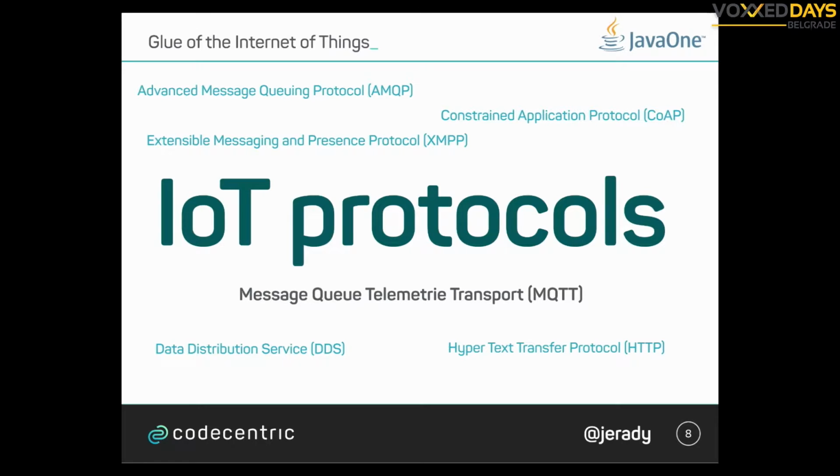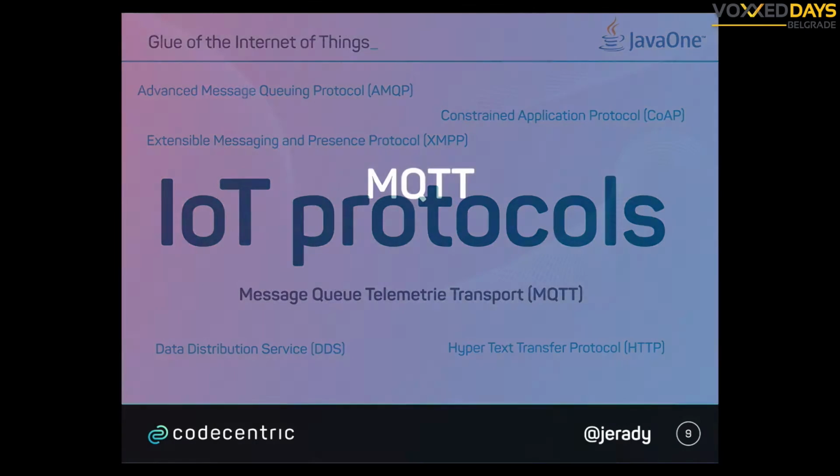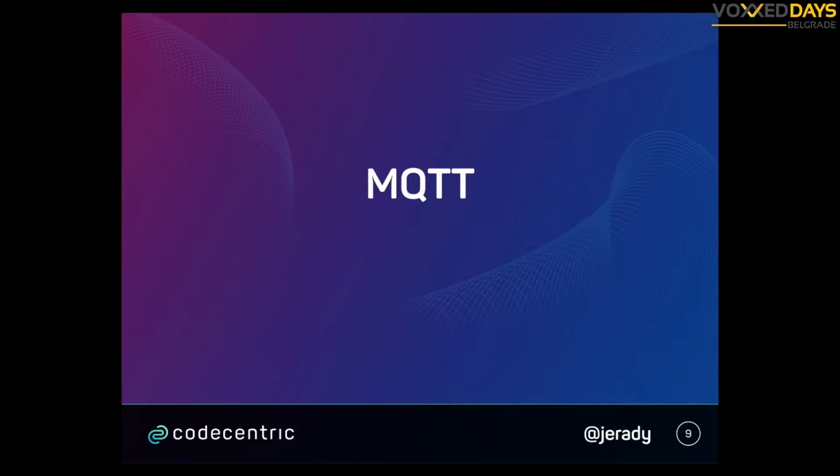And one of these IoT protocols, which is, I think, an industry standard and very much accepted by the industry, is MQTT. MQTT was invented by IBM in the late 90s, mainly to control oil pipelines.